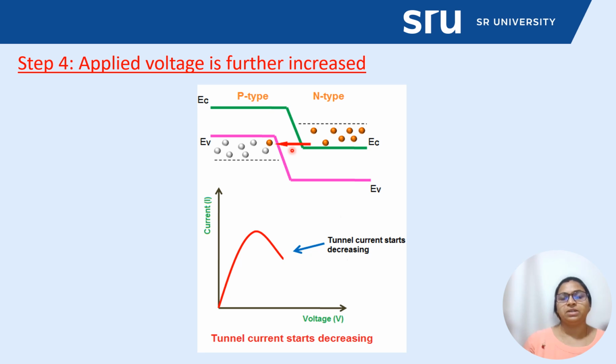misalignment of the conduction and valence band? Since the conduction band of the N material and the valence band of the P material still overlap, the electrons tunnel from the conduction band of the N region to the valence band of the P side and cause a small current flow.